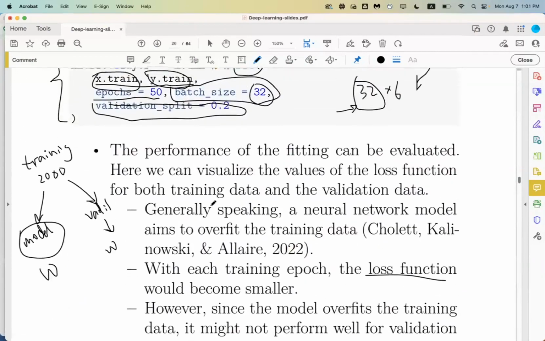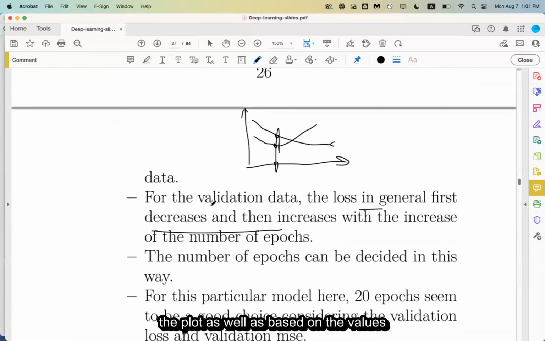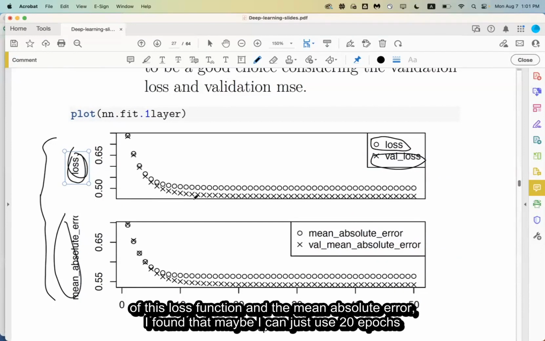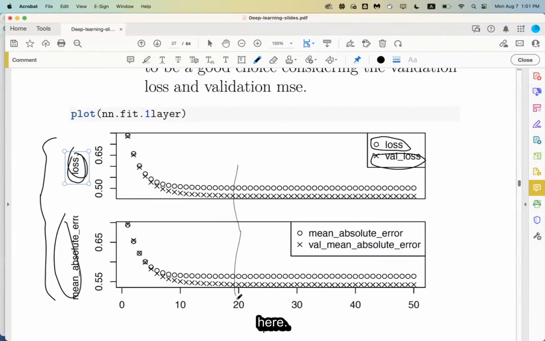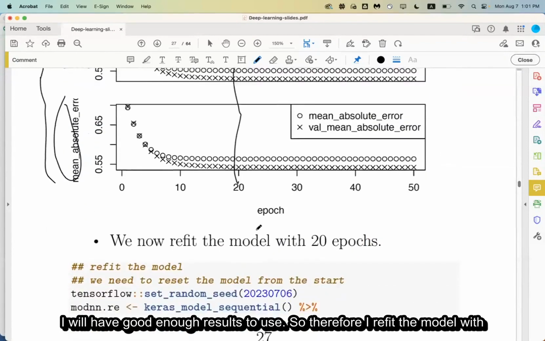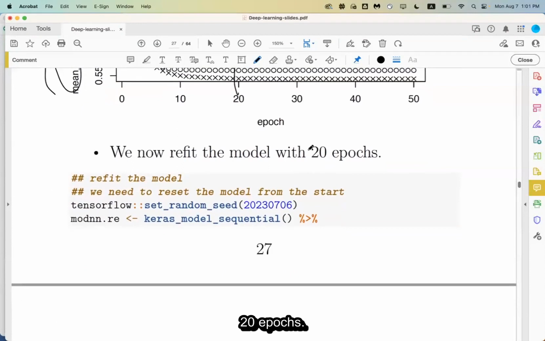Based on the plot as well as the values of this loss function and the mean absolute error, I found that maybe I can just use 20 epochs. Here, I would get good enough results. So therefore, I refit the model with 20 epochs.